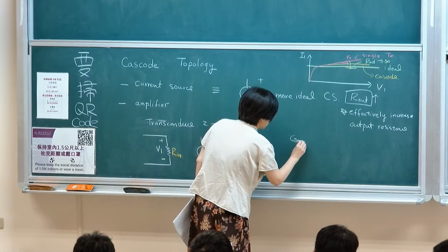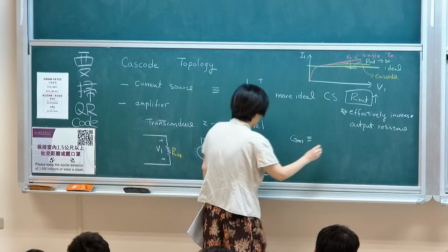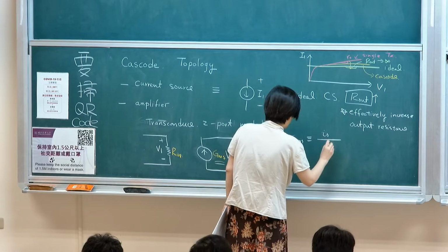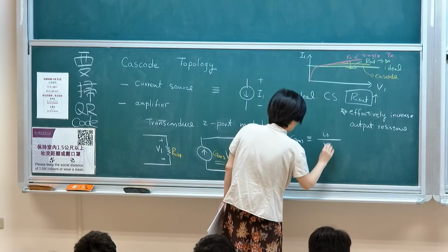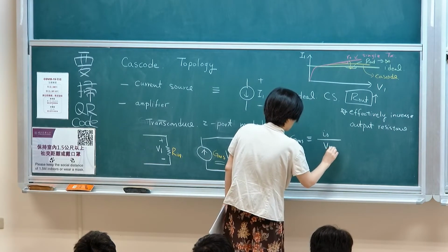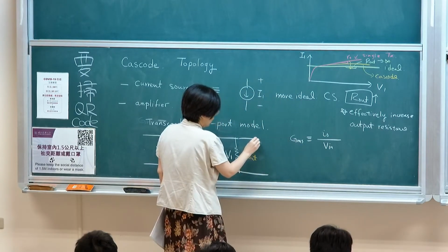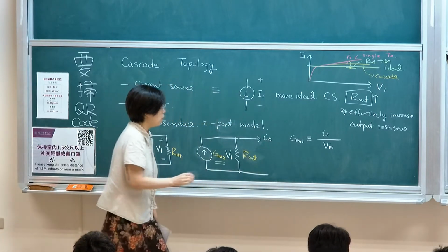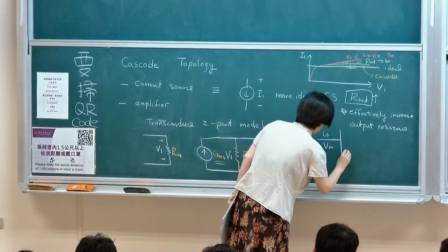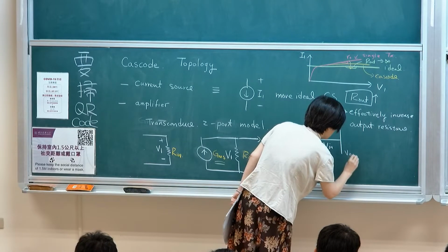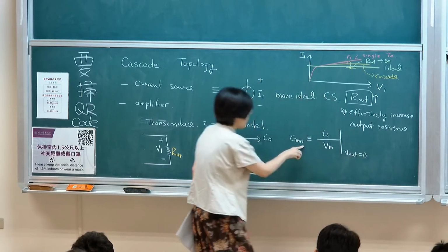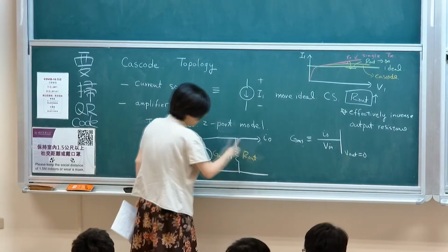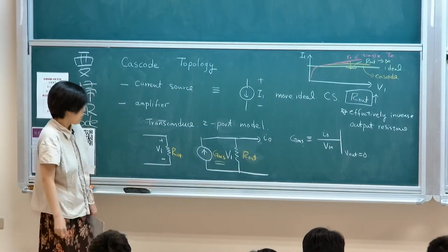So Gms is defined as Io versus Vin. Let's say this is my output current when VL, S stands for short, when it's shorted. When this is shorted, you see the whole overall current.